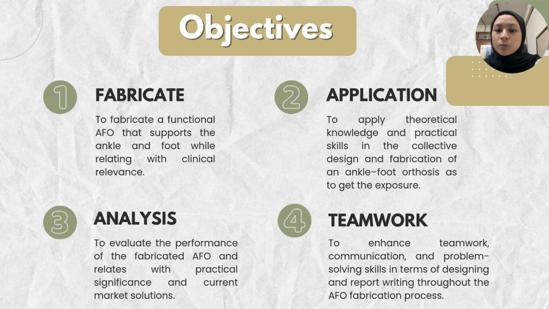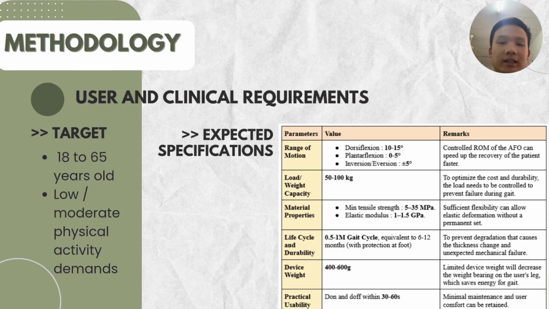I'm Chung Zhen, and now I'm going to present the methodology, which is the part on user and clinical requirements. Basically, we are targeting users from 18 to 65 years old, with activity demands from low to moderate, to optimize the cost and the design of the AFO.